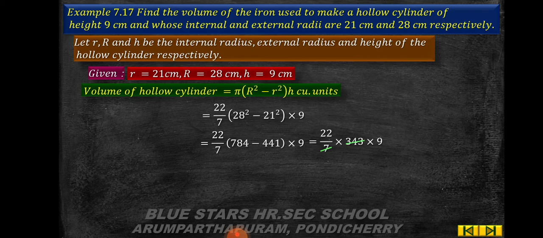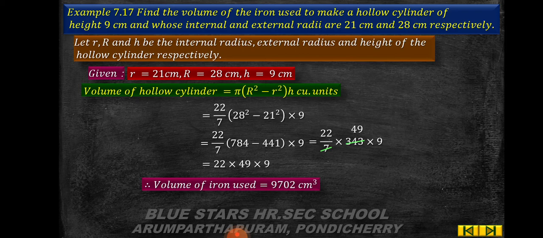So 7 and 343 get cancelled. It is 49 times. So 22 into 49 into 9. You get the volume of iron used is 9702 centimeter cube.